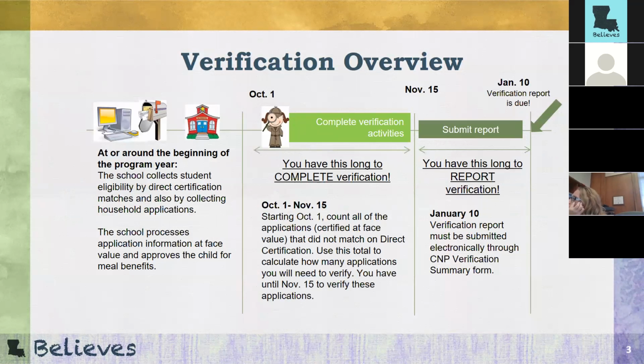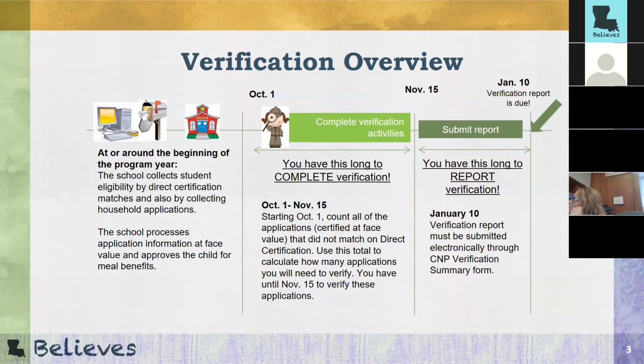At or near the beginning of the year, SFAs will collect student eligibility in two ways: one, through direct certification matches, and two, through household applications. Starting October 1, count all of the applications certified at face value that did not match on direct certification.